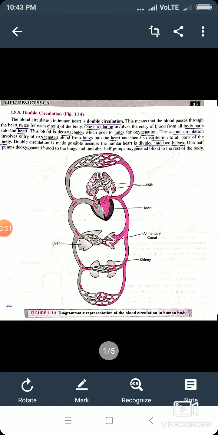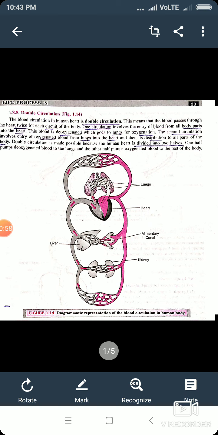I have explained to you about the structure, that the human heart is four-chambered, that is left atrium, left ventricle, right atrium and right ventricle. The left part and the right part of the heart are separated by a wall that is called septa.